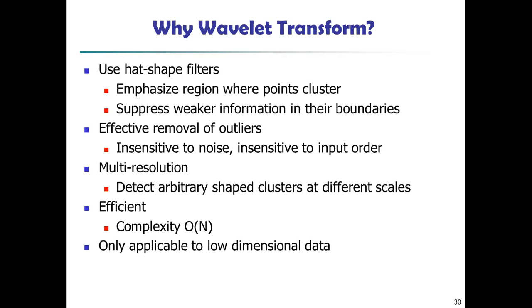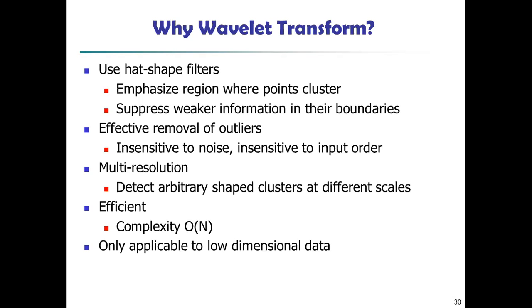And the next point is that the wavelet transform is an efficient way, with complexity of order n. That is how much time it takes to execute, and it is efficient because it requires only order n. Whereas in the previous approaches, sorting takes order n squared or order n cubed when sorting the image values.